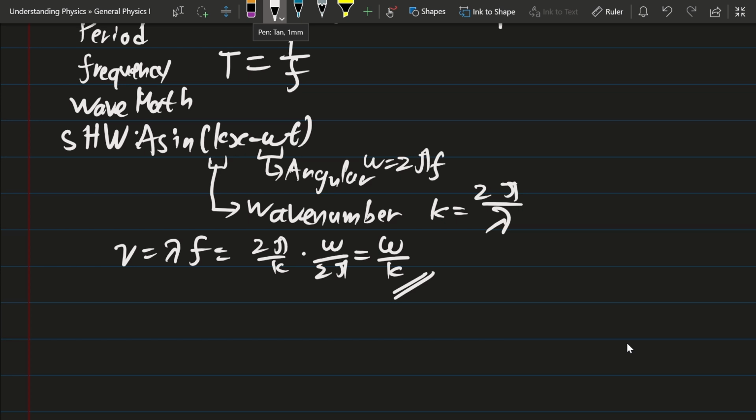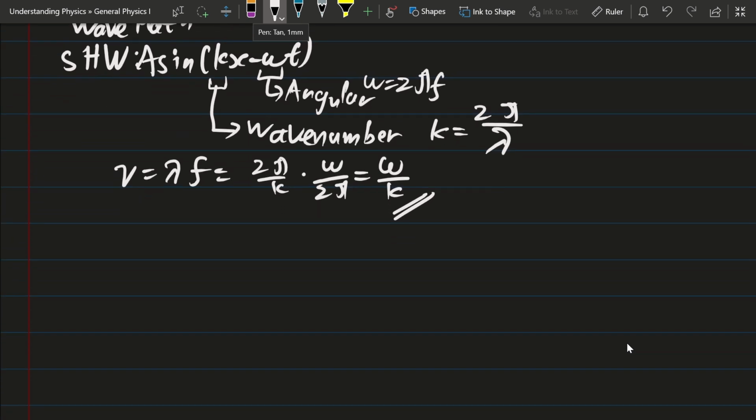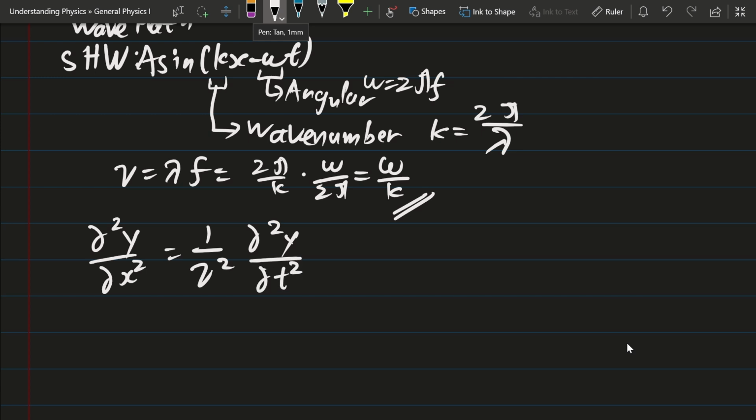So with this, I want to conclude a little bit of the mathematics which describes almost every wave, which I will later try to derive. It's the partial squared of y over the partial x squared is equal to 1 over the velocity squared times the partial squared of y over the partial t squared.